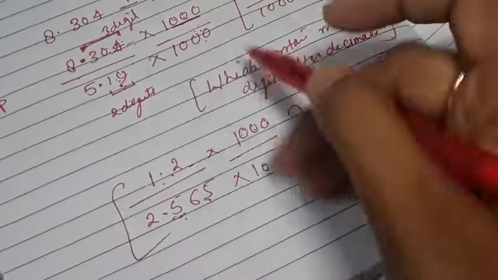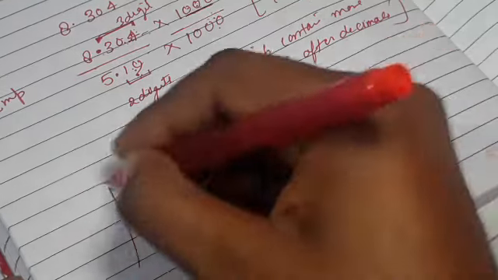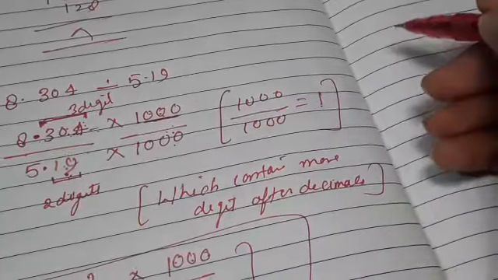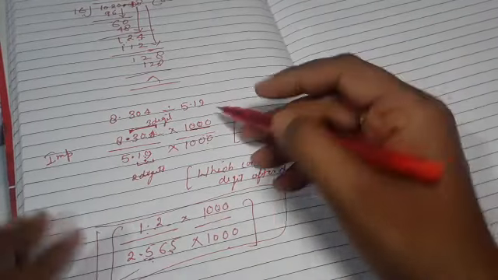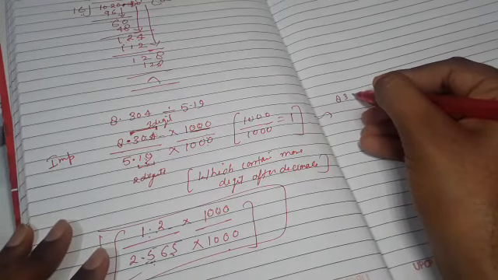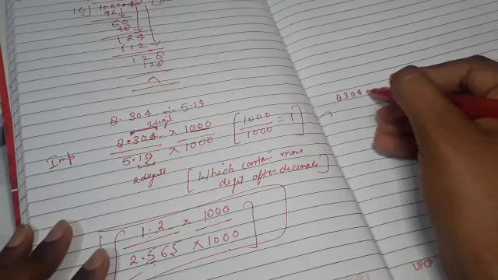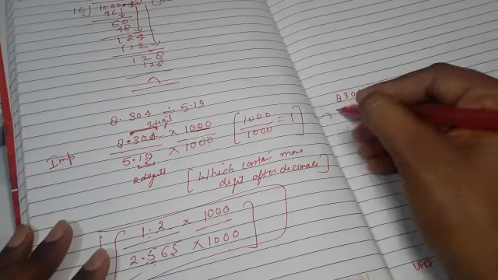So now what will happen here? 8.304 into 1000. What is the meaning of that? 8304. Write the number like this and put 1, 2, 3 zeros. Understand?